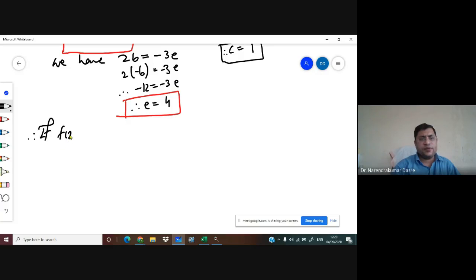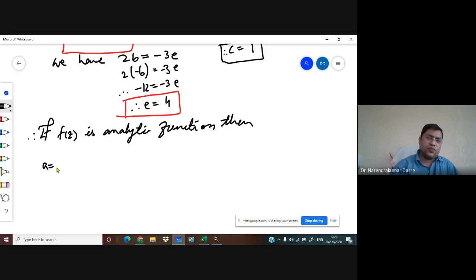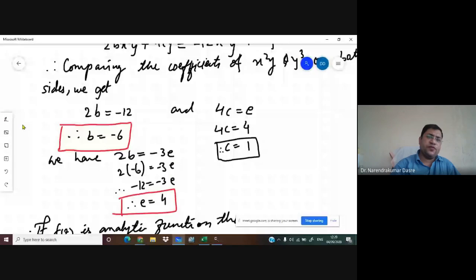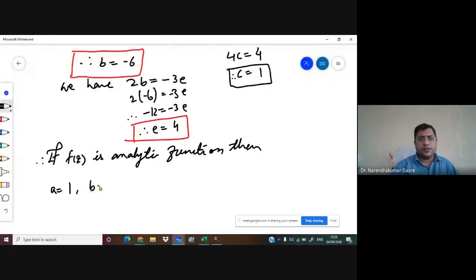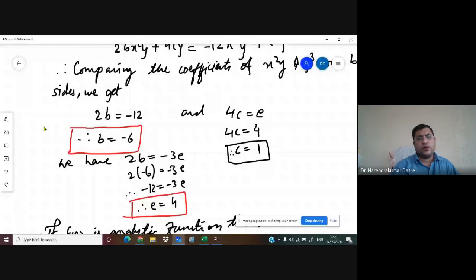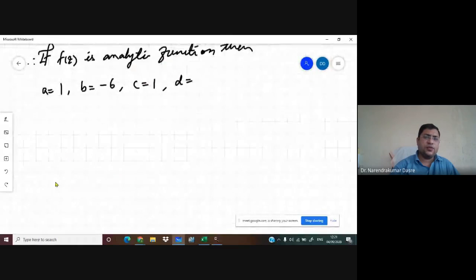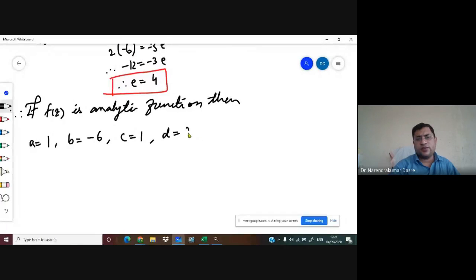And hence we can say if f of z is an analytic function, then A is equal to 1, B is equal to minus 6, C is equal to 1, D is equal to 2, and E is equal to 4.